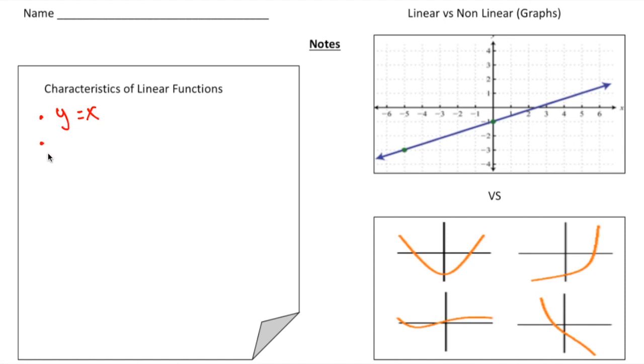Secondly, the domain, which is really the x values of the graph, include all real numbers. What that means is, on this graph, which goes on forever in both directions, there's always going to be a single x value.